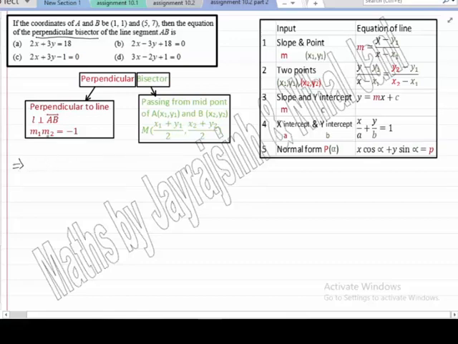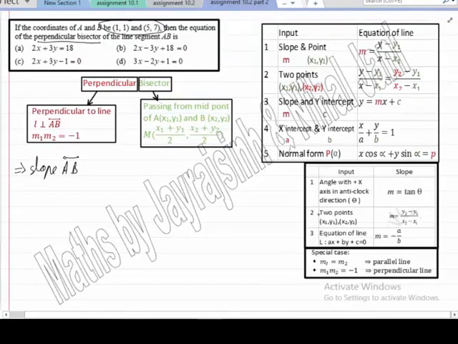First of all, let's find the slope, and for that we are going to need the slope of AB, right? Here we have the coordinates of A and B, and the formula of the slope is the difference of y upon the difference of x. So let's find the slope of AB, and call it m1.